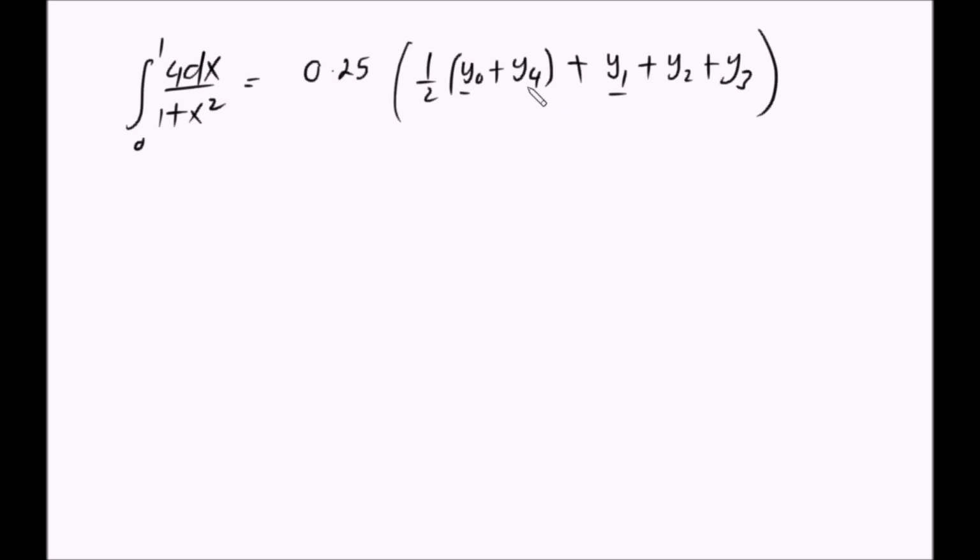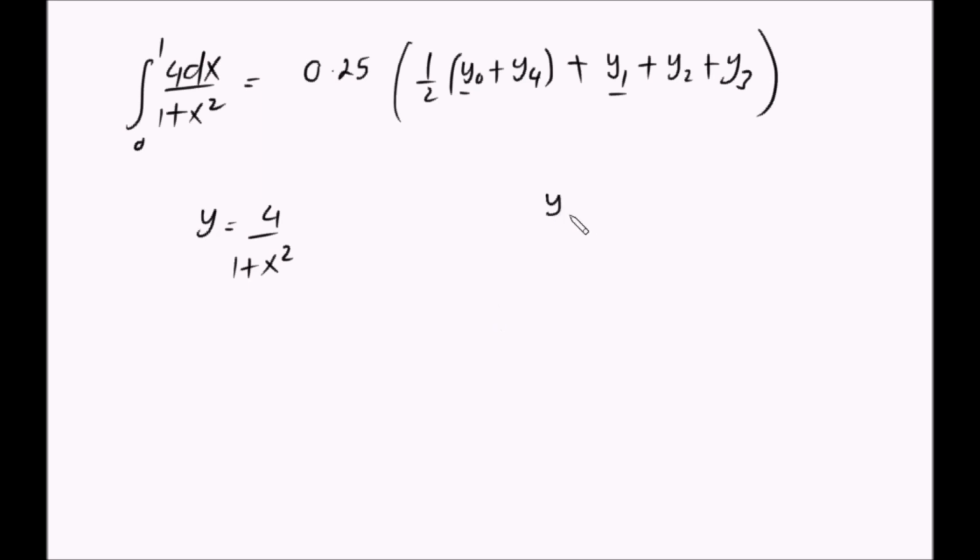So now hizi hapa kwenye y0, y1, y2, y3 and etc, badala ya kuwa na hizo herufi, tunataka tuwe na namba. Sasa tutapataje hizo namba? Kwanza mimi ninaye y tu, ambaye ni 4 over 1 plus x squared. Okay?